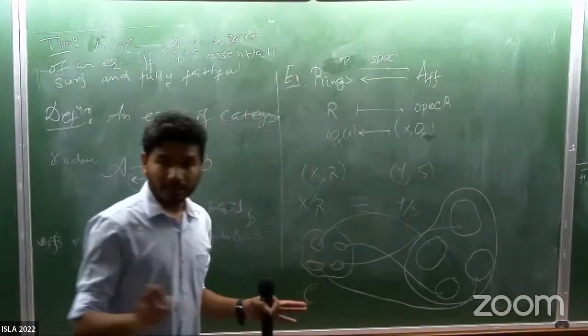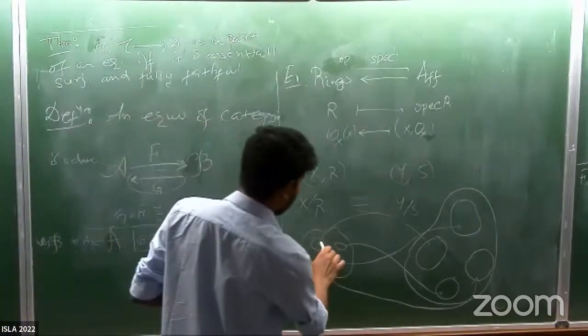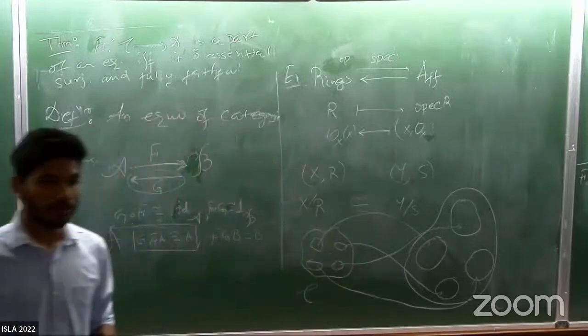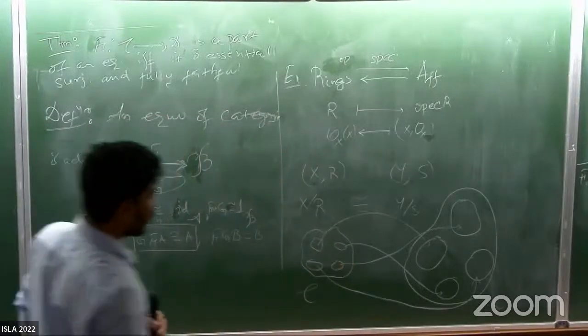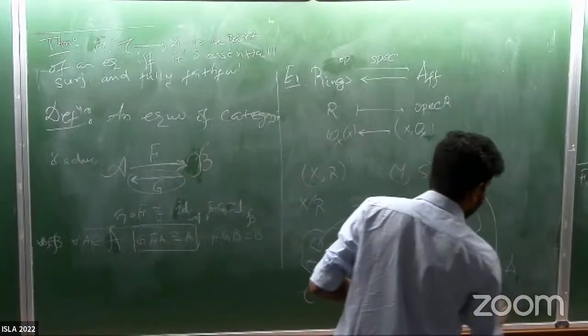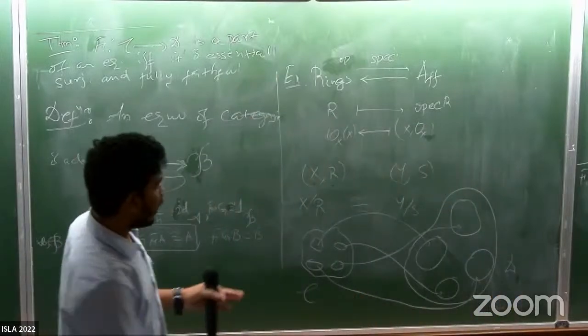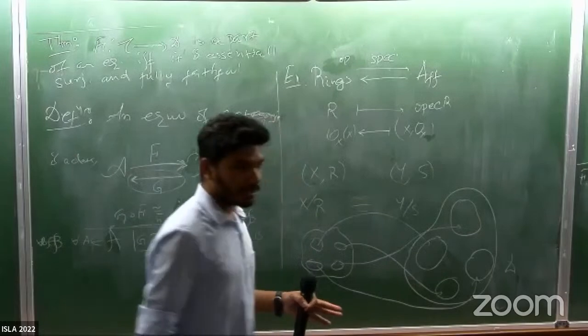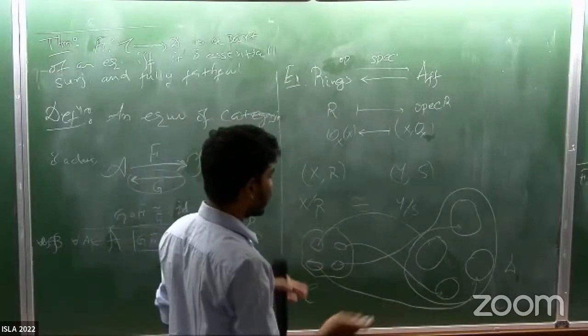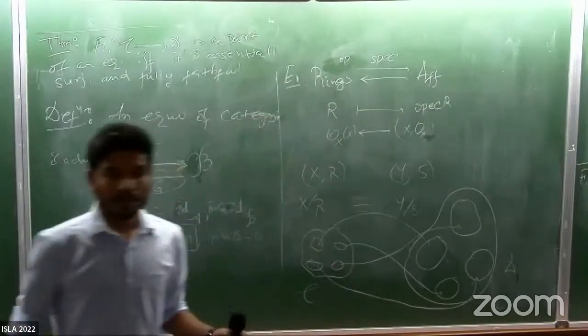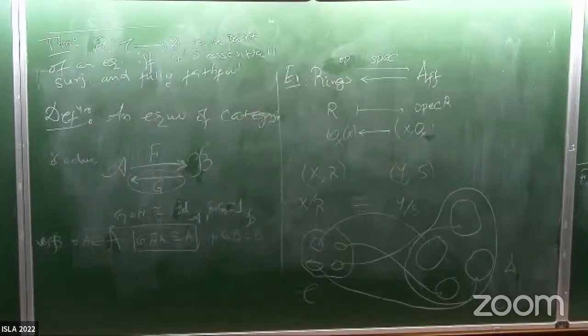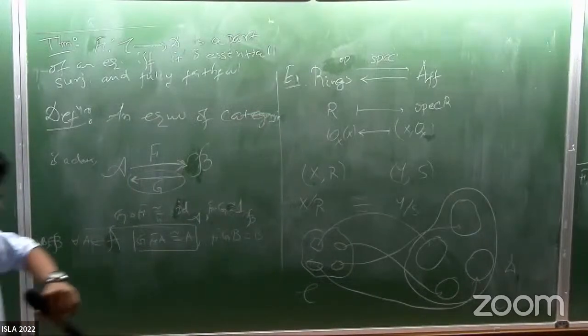Which is called the skeleton, by the way, with morphisms between them as morphisms of objects. Then we say that C and D are equivalent if the skeletons are equivalent. That is, you can find an isomorphism of the skeletons. Okay, so that is one sort of pictorial idea.